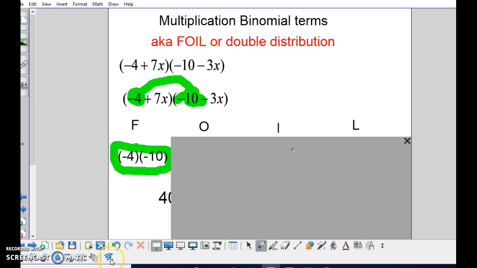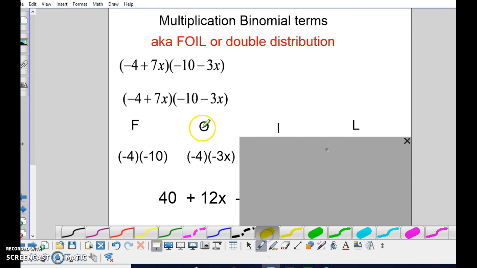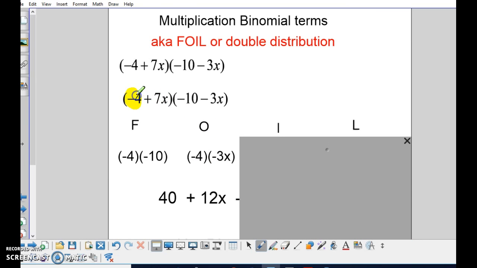Okay? So once I've got that written down, I'm going to go through and do the O terms, the outer. So out here, what I'm going to do is I'm going to multiply this outer term, -4, times this outer term, which is -3x. And I write down that product right there.